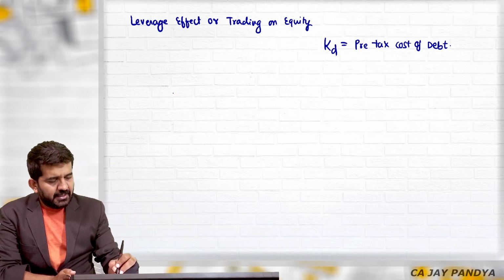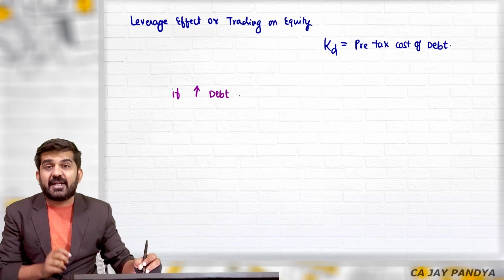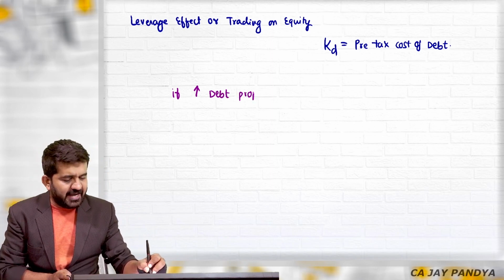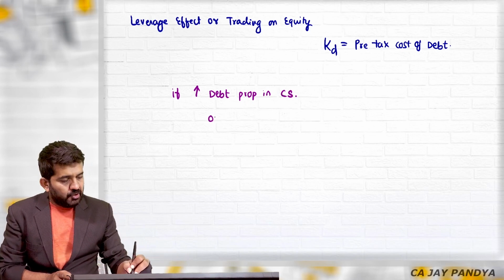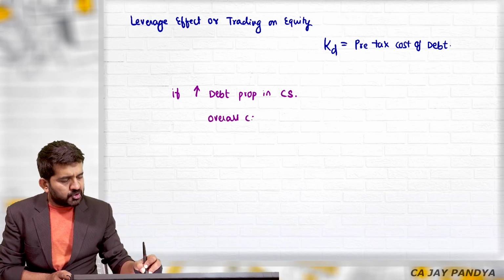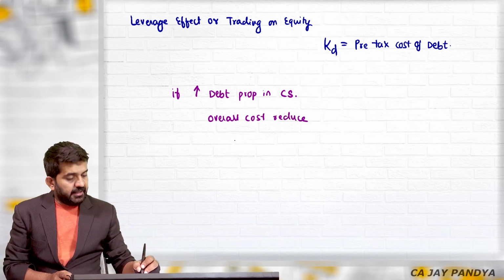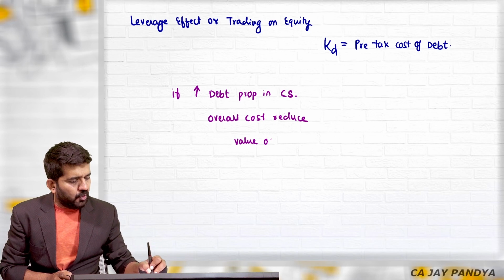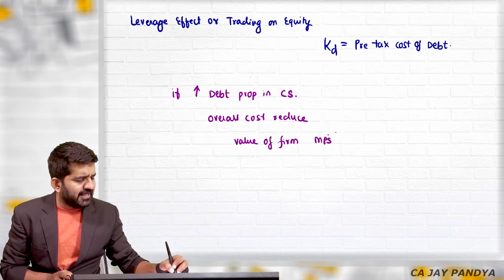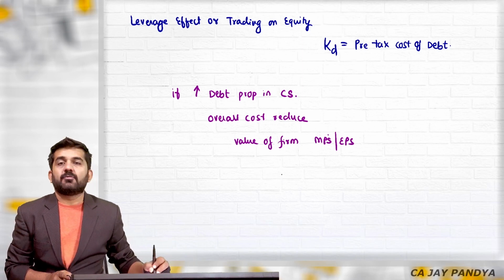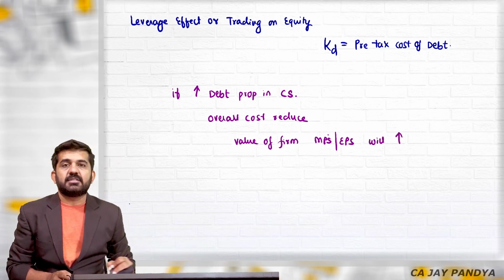It says if you increase the debt proportion in your capital structure, your overall cost will reduce and your value of the firm, that is MPS or EPS or total value of the firm, will increase.